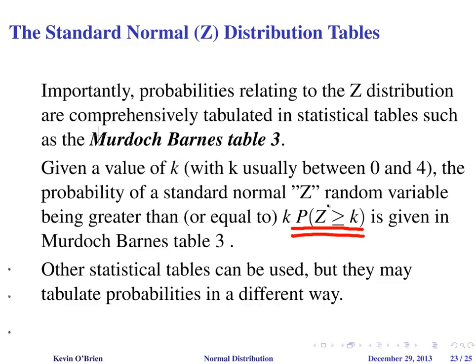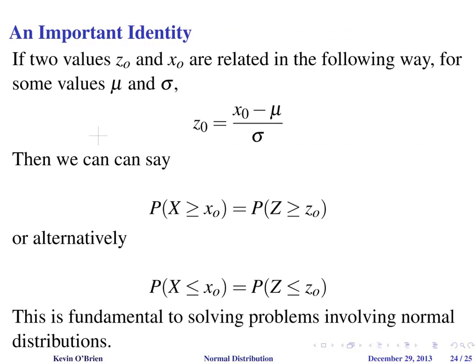Other statistical tables can be used, but they tabulate probabilities in a slightly different way. I'm going to do one presentation for working with the Murdoch-Barnes and another presentation working with a different type of table.